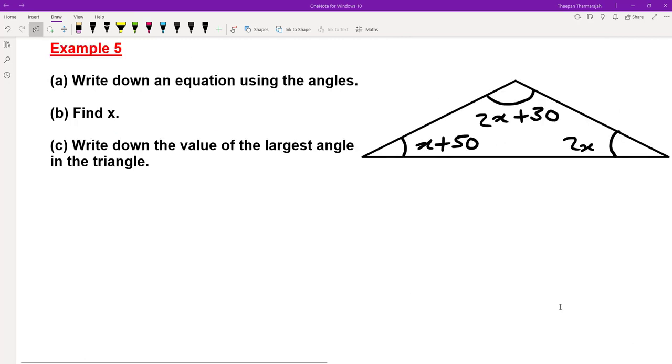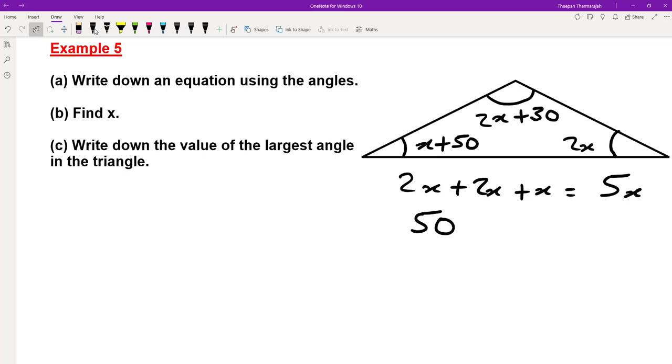In this next question, we've got a triangle. So it says to write down an equation using the angles. So we know that all the angles in a triangle add up to 180. So let's add all the letters first. So we've got 2x plus 2x plus x. That gives me a total of 5x. Then I'm going to do 50 plus 30.